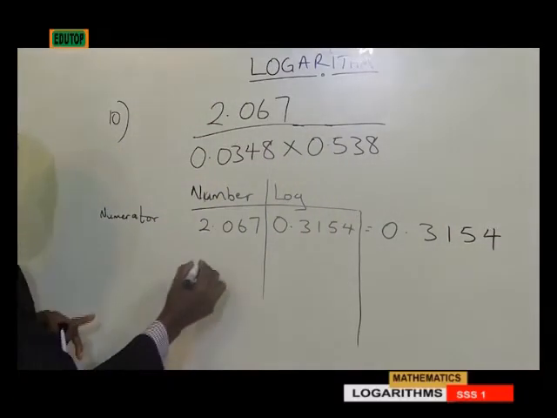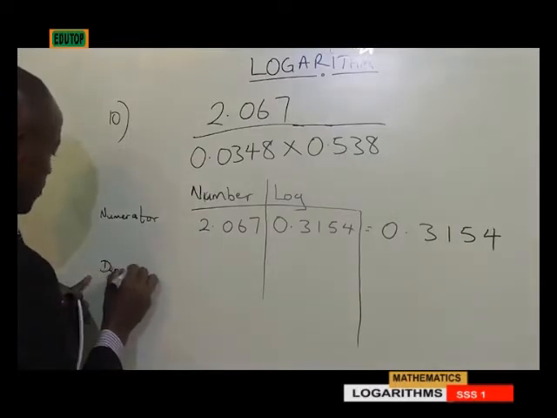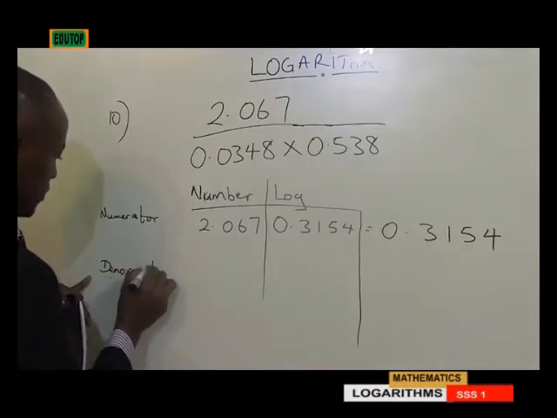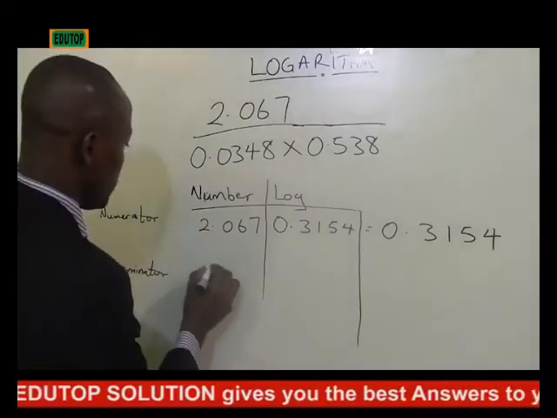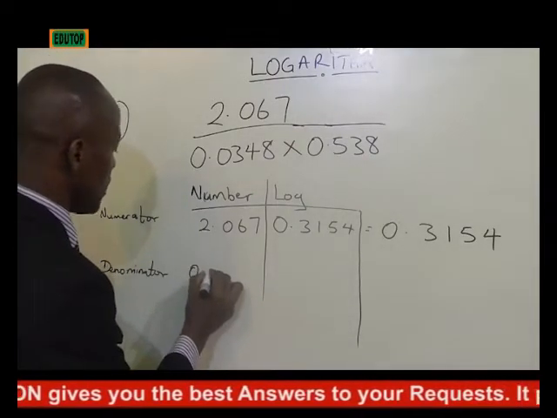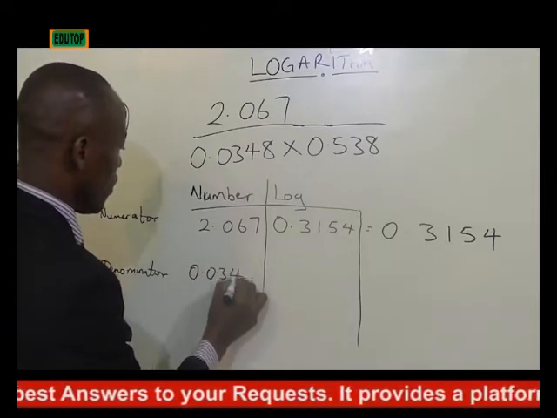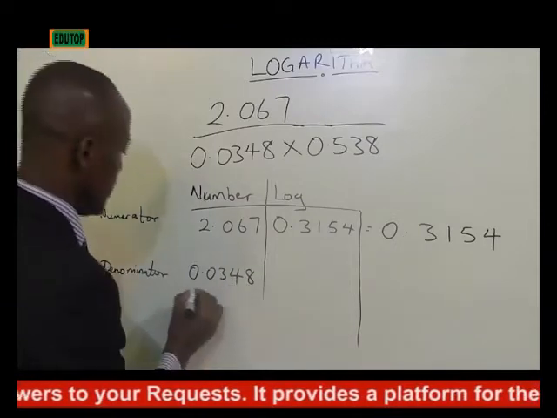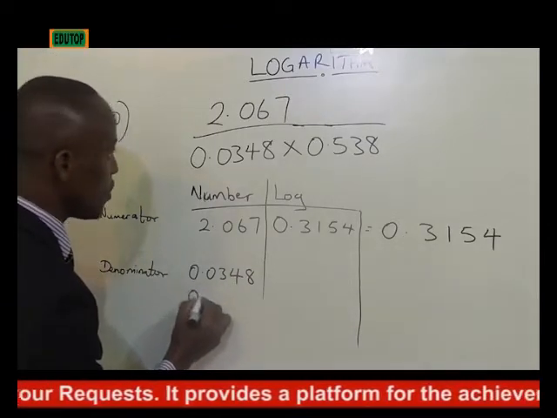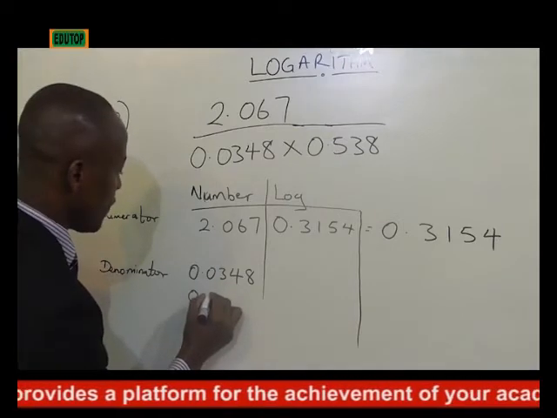Now for our denominator, we are having 2 values. That's 0.0348. Then we have 0.538.